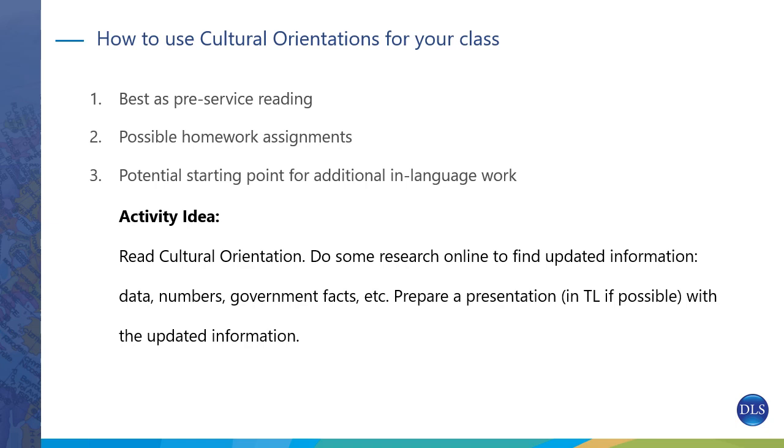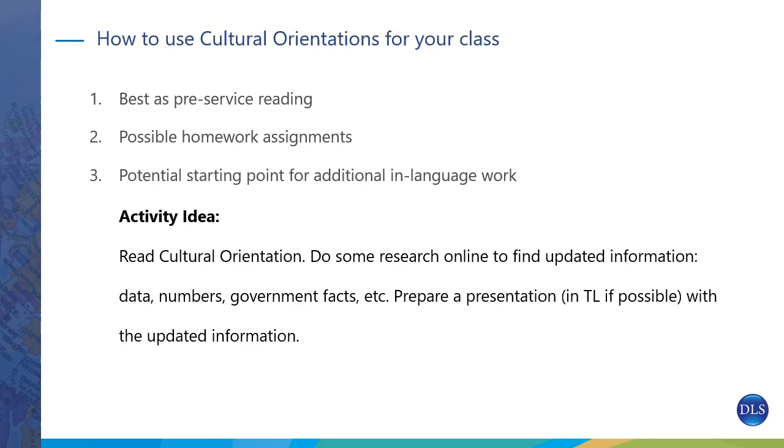So for example, you could have the students read the cultural orientation for homework, or during their semi-autonomous time, they take a couple minutes to read it in English. Then they do some additional research online to find some updated information. Maybe some of the data in the cultural orientation was out of date, some of the numbers, some of the facts about the government, etc. May not necessarily be current.